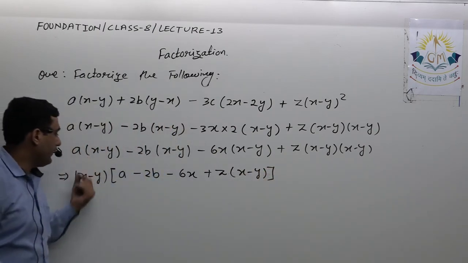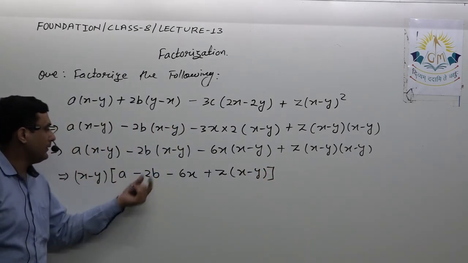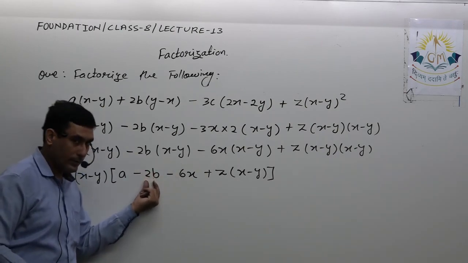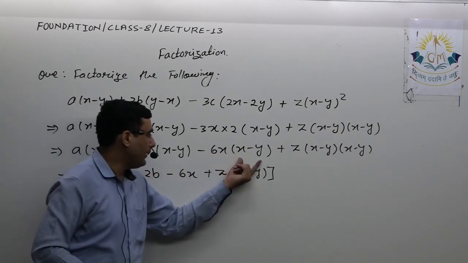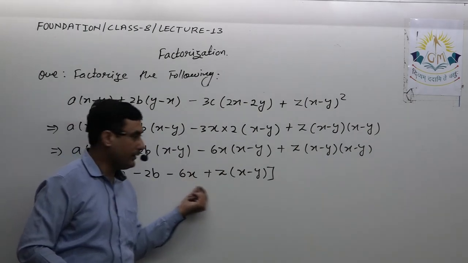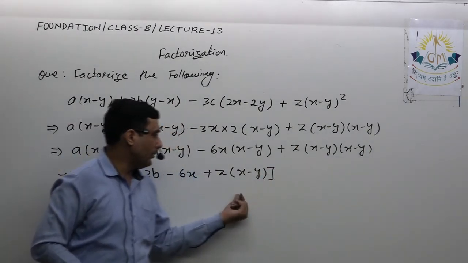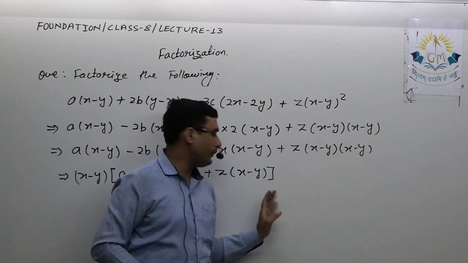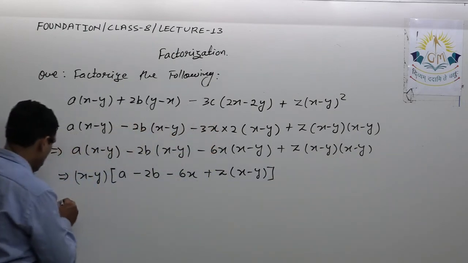Okay, x minus y is taken common, so a is left over here. x minus y is taken common, so minus 2b is left over here. x minus y is taken common, so minus 6c is left over here. x minus y is taken common, so z into x minus y is left over here.